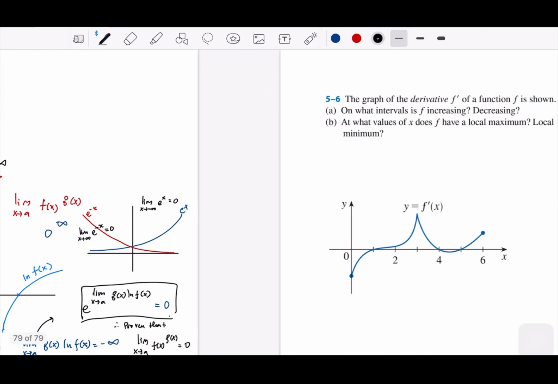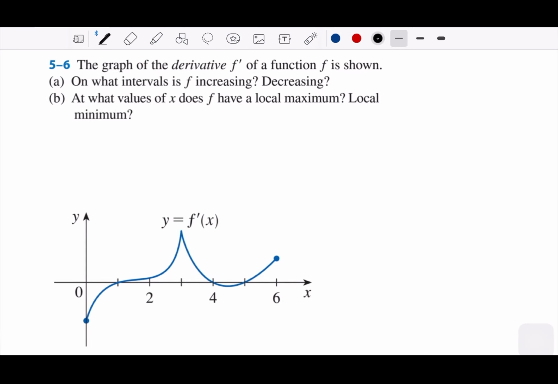Okay, if you finish, let's look at this graph. So we have the graph of f prime.